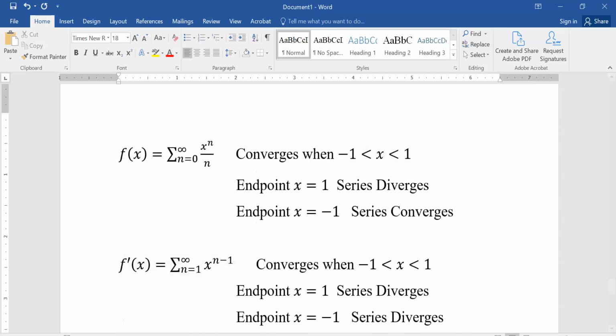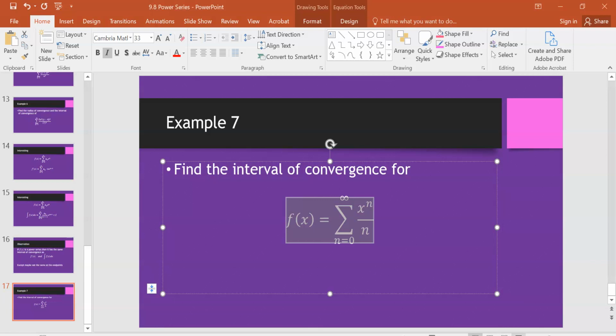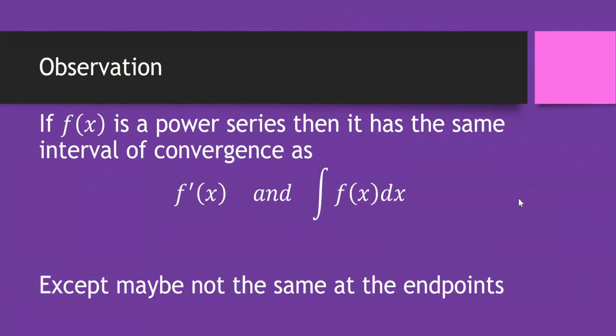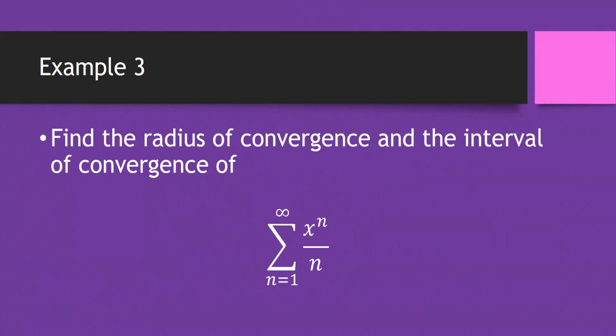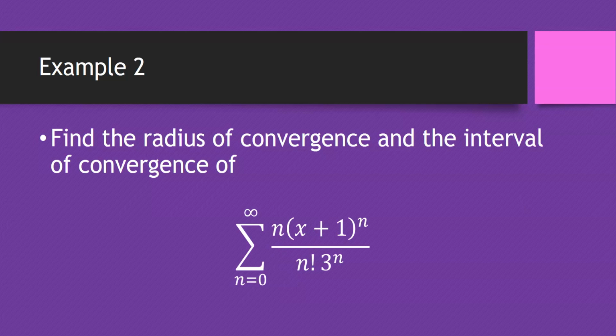All right, so the f of x, the derivative, and the antiderivative will all have convergence on the same interval. And by the way, that's also true for the ones that we did way at the beginning with the n factorial. Multiplying by n is not going to change whether n factorial dominates or not. So n factorial still dominates.